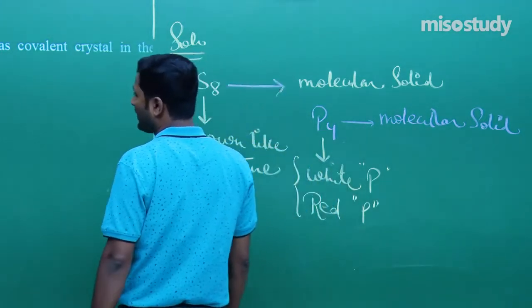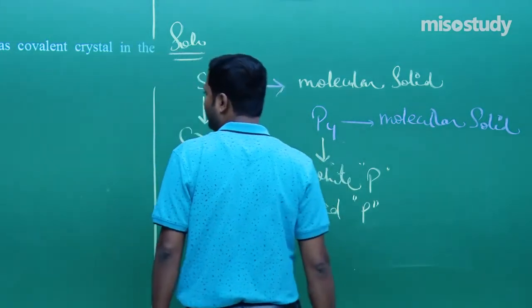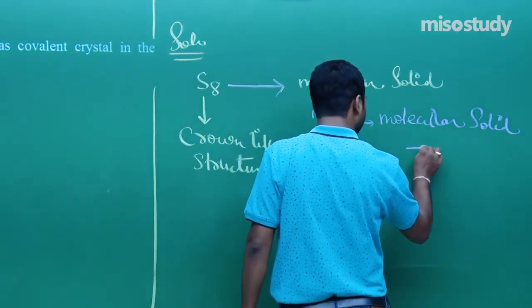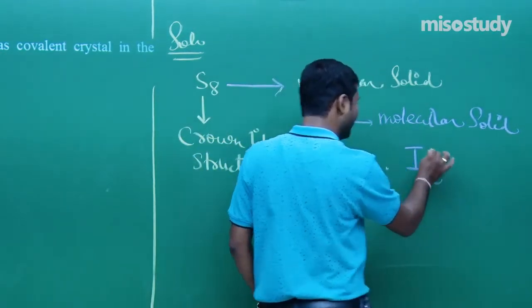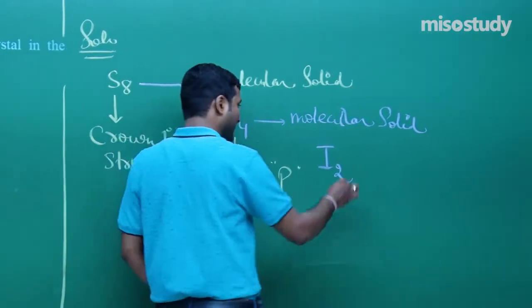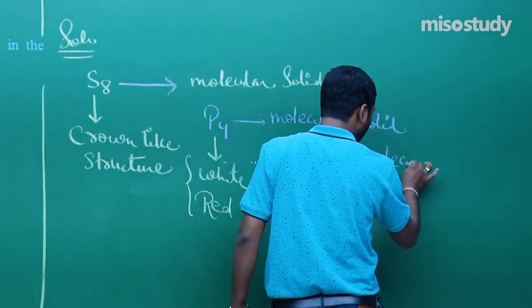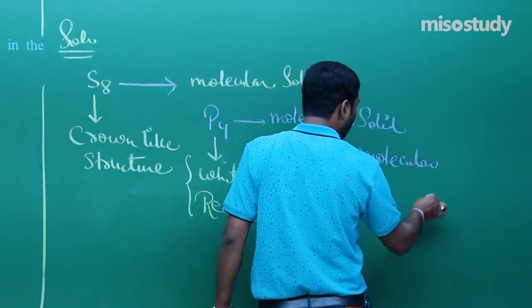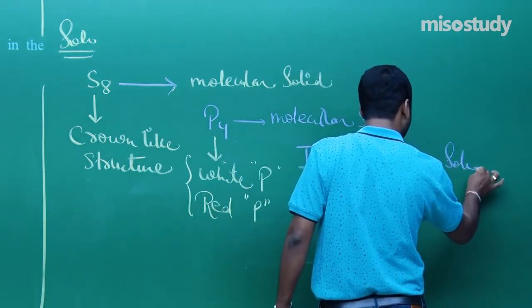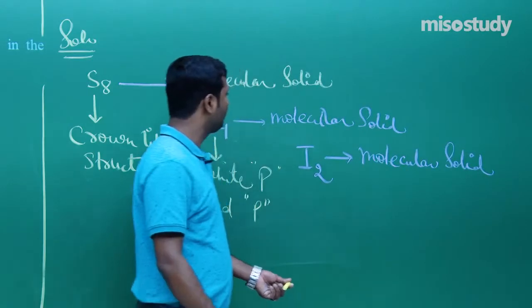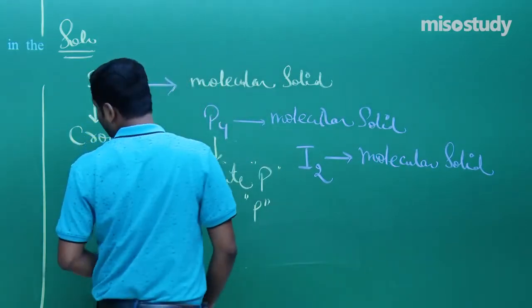Now if I talk about iodine, clear to you? Iodine exists in the form of I2 and this is also an example of a molecular solid. Clear to you? This is simple. But the next option is silicon.